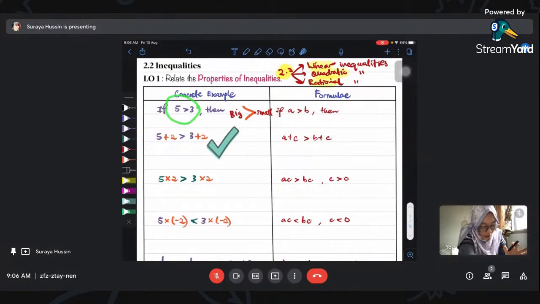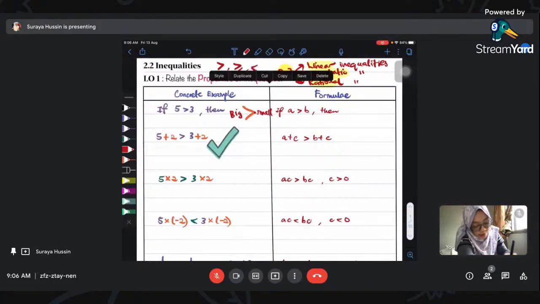So bila dia melibatkan inequalities bermaksud, maksud tu kena datang dulu kot. Maksud inequalities, kita ada 4 jenis inequalities. Dia adalah more than, more than or equal, less than, ataupun less than or equal. So kita ada 4 jenis simbol inequality. Kamu pun faham kan apa maksud in?